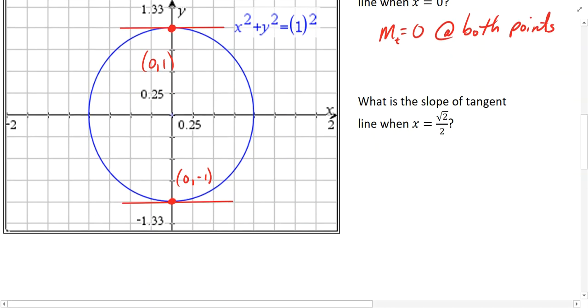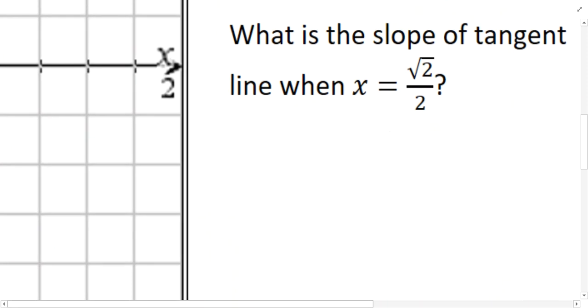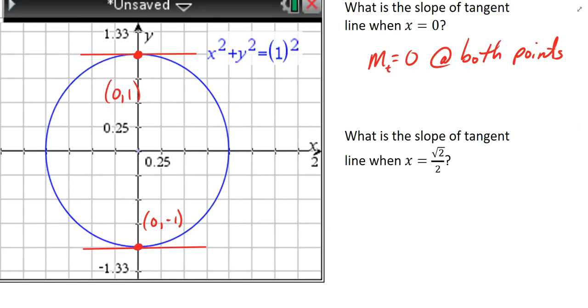But you can imagine that we've got a bit of a problem if we look at other x values. And in this case, we're asking about when x is equal to radical 2 over 2. Now, I chose that point because it should be familiar to you. That's this position right about here. This is where x is equal to the square root of 2 over 2 and y is equal to the square root of 2 over 2. And you might be able to guess what the slope of that line is at this particular point.